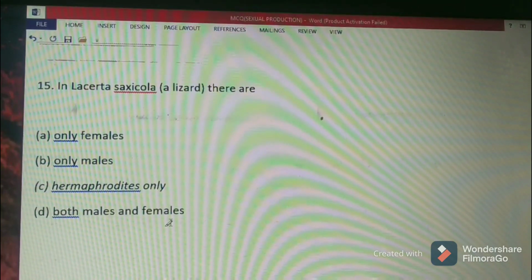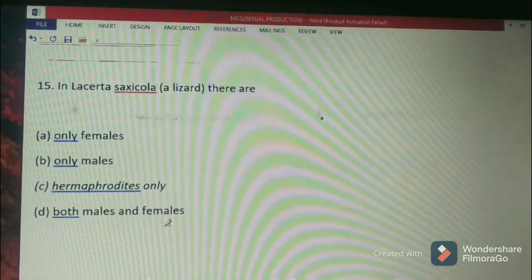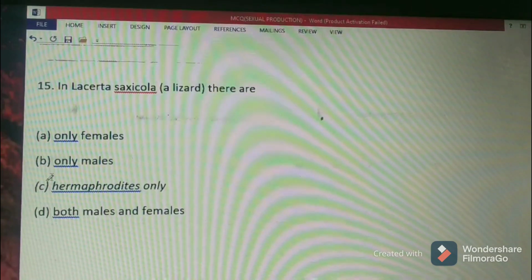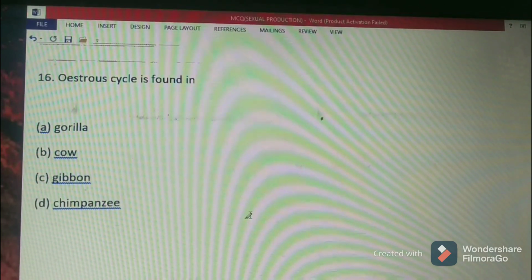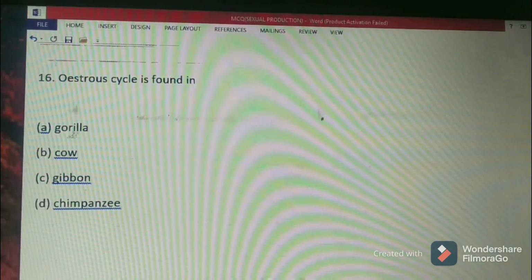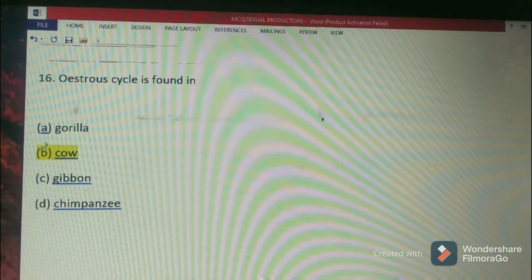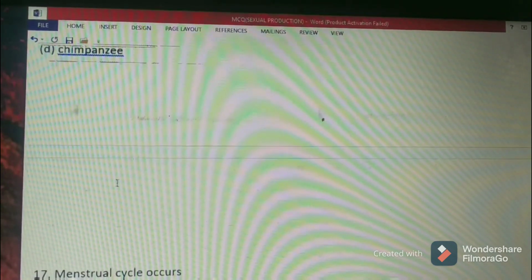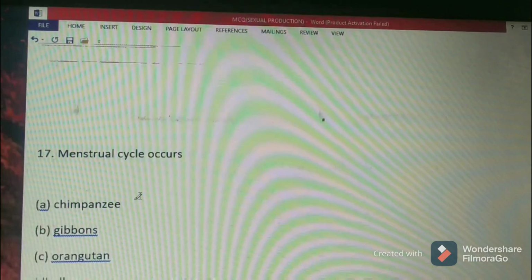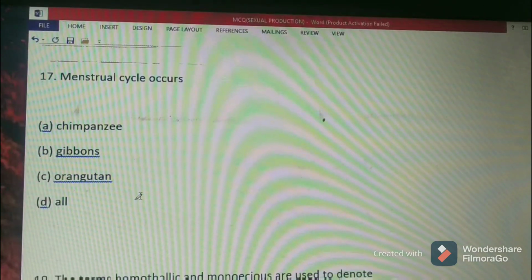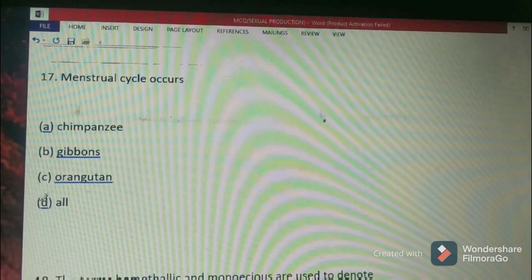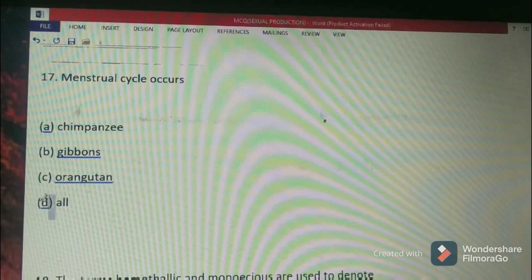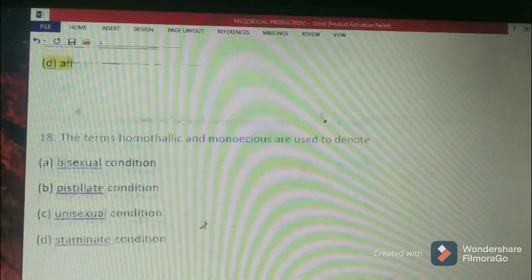In Lacerta saxicola, a lizard, there are only females. Ostrich cycle found in cow. Menstrual cycle occurs in all: chimpanzees, gibbons, orangutan. All is the correct answer.